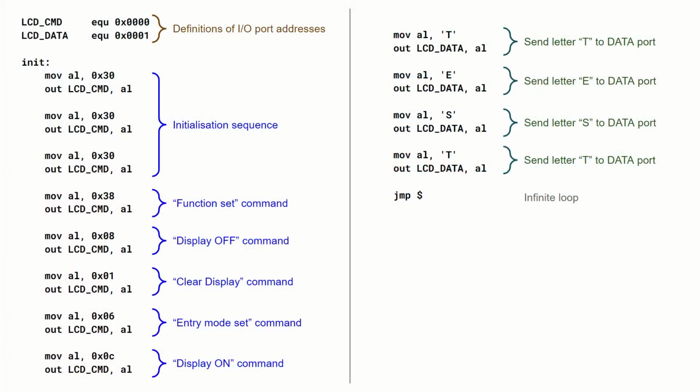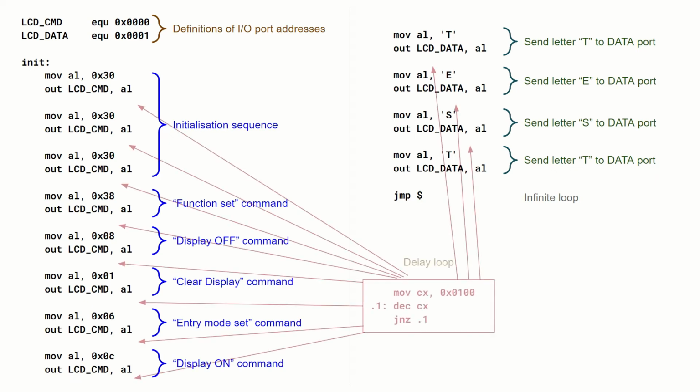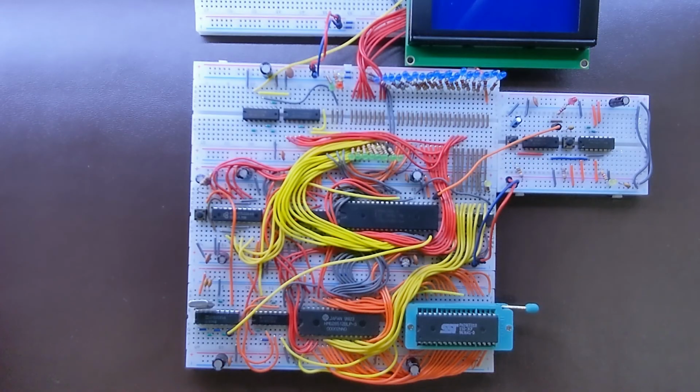Now, before I can test if the CPU works with the new clock generator, I need to modify my program to introduce some delay loops. That's because we cannot send those commands to the LCD arbitrarily fast, especially during its initialization. Okay, finally, it's time to test our computer with the new clock generator.